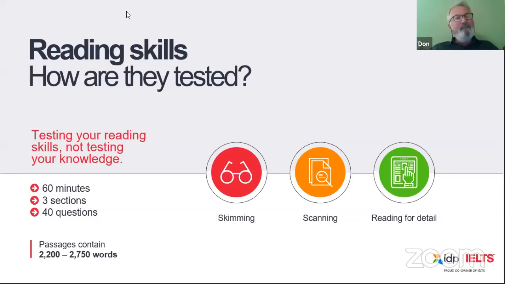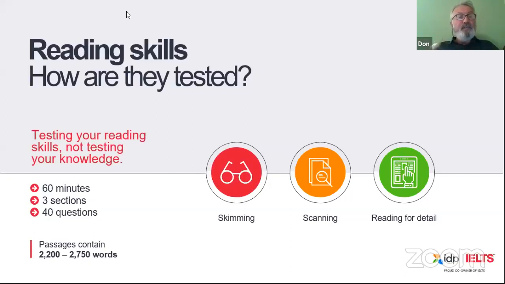Scanning is similar. You are not reading every word, but you are looking for a particular thing. For example, do you ever turn to the back page of the newspaper to find a football score? That is scanning. You are looking for the name of your team and a number. You want to know how many goals they score. That is scanning.